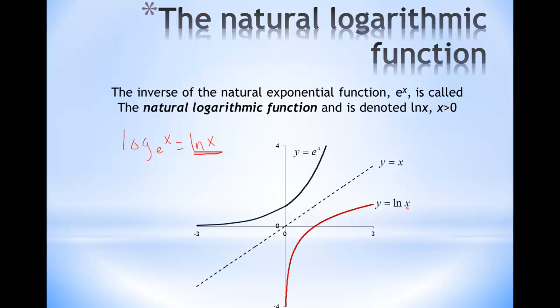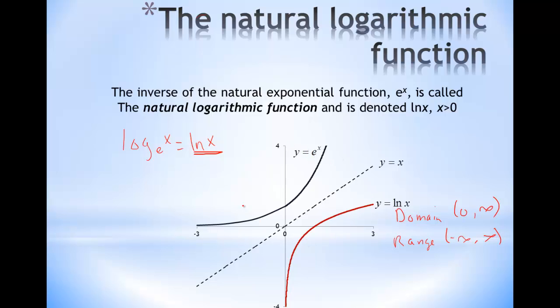Understand that these are inverses of each other, and so the domains and ranges are switched. The domain of this function is going to be 0 to infinity. The range is going to be all real numbers, which is the opposite of e to the x.